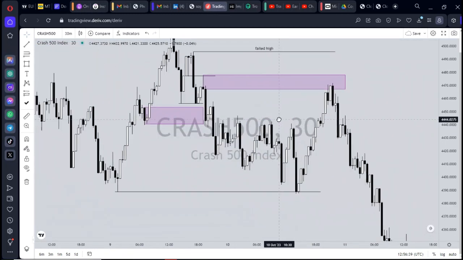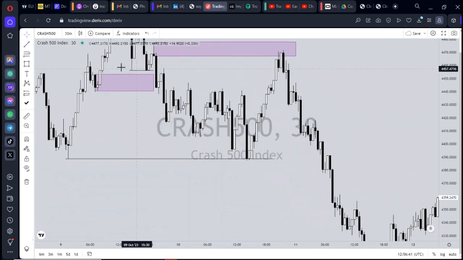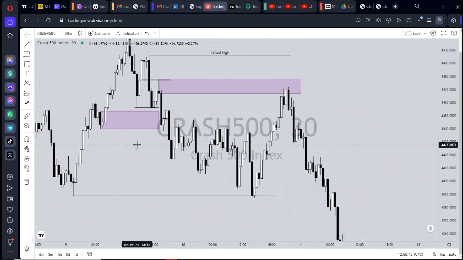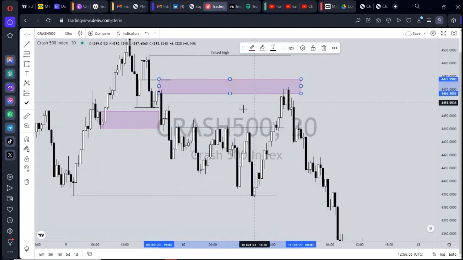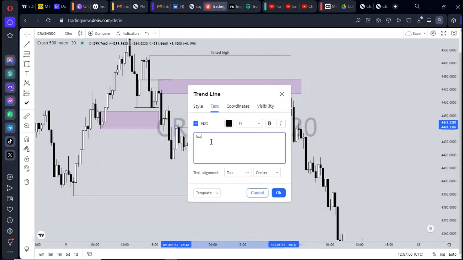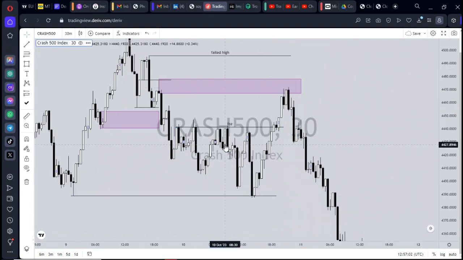Now, after marking out your POIs, the next thing you should do is identify your liquidity assessment. So my liquidity assessment is the retail stops right here. You could possibly say we have an area of resistance. So we have the liquidity pool above this high.